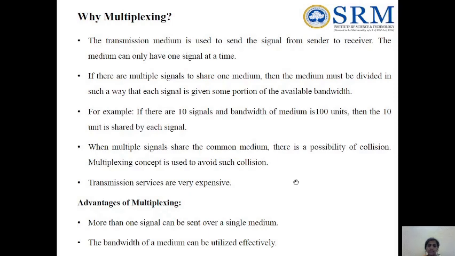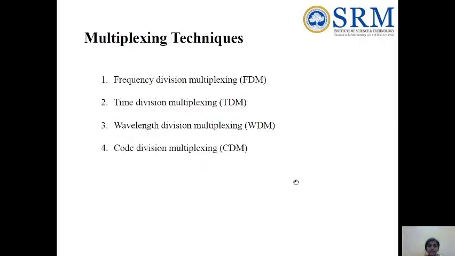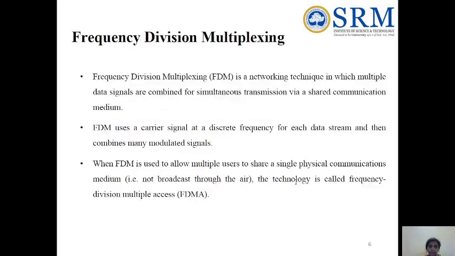In short, the advantages of multiplexing are that more than one signal can be sent over a single medium, and the bandwidth of the medium can be utilized effectively. Coming to the multiplexing techniques, there are different techniques: frequency division multiplexing, time division multiplexing, wavelength division multiplexing, and code division multiplexing. In this topic, we will be seeing only frequency division multiplexing.